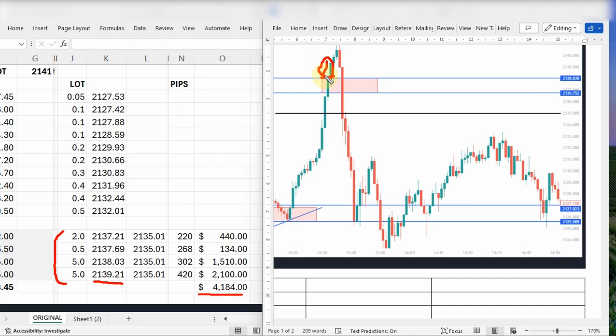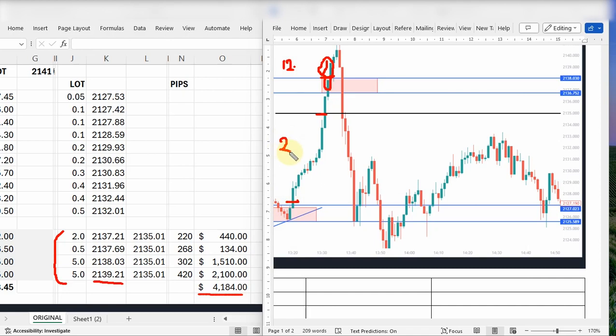That was where the entry occurred. These two standard lots were around 21.37, and 21.37 is within these two lines. So this is where you stacked 12 standard lots in this small region, and from here to here, you only had 2 standard lots.